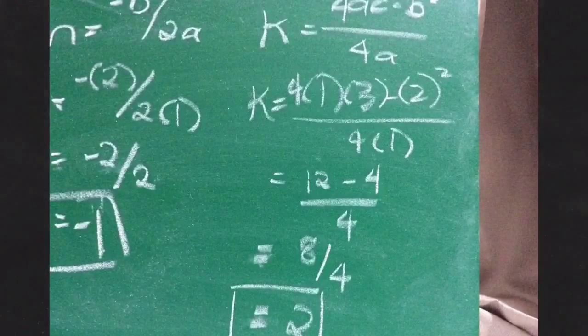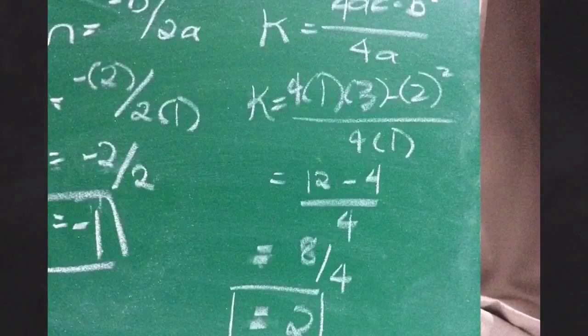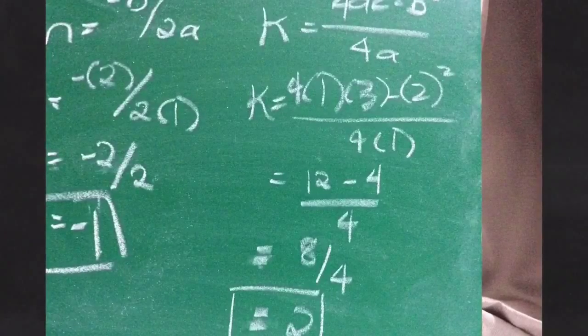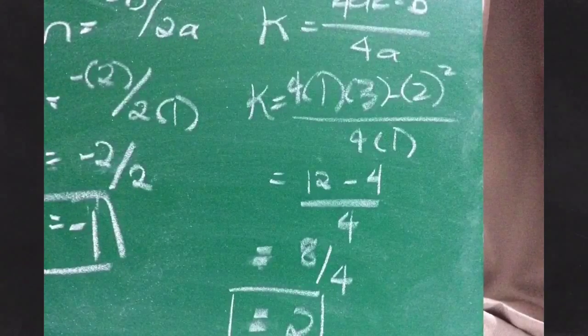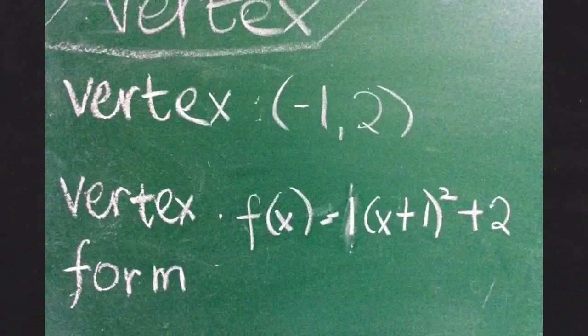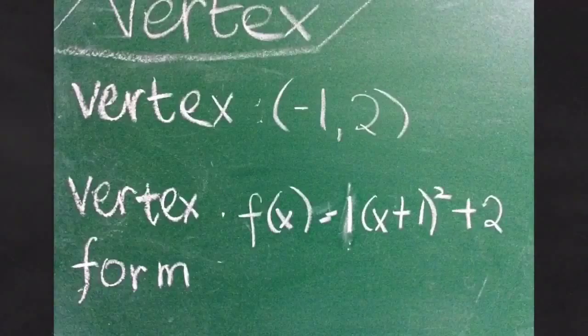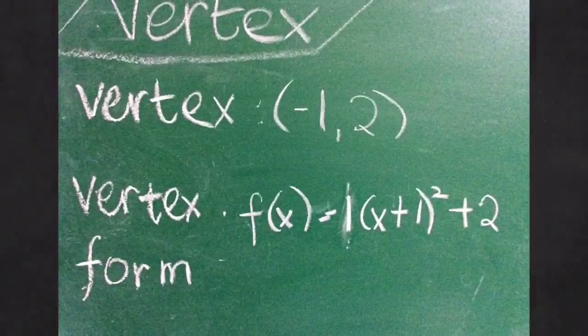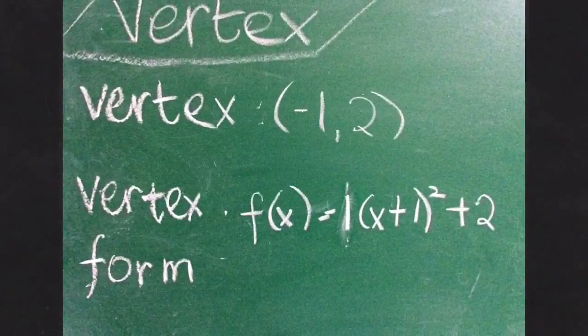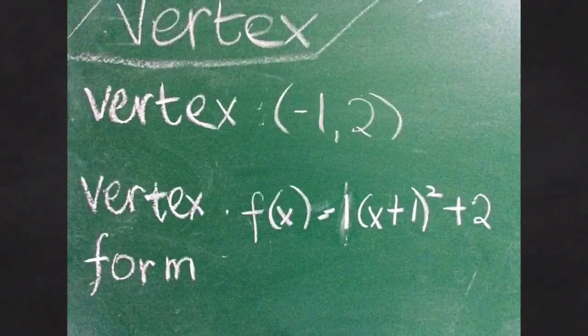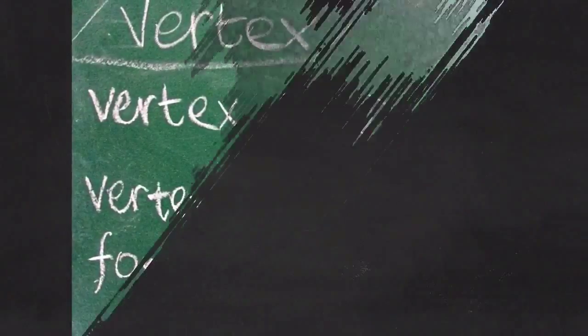Subtract 12 and 4 and get the difference, and divide it by 4. This gives us k is equal to 2. Now that we have our vertex, put it into the vertex form. This gives us f of x is equal to 1 quantity of x plus 1 squared plus 2.